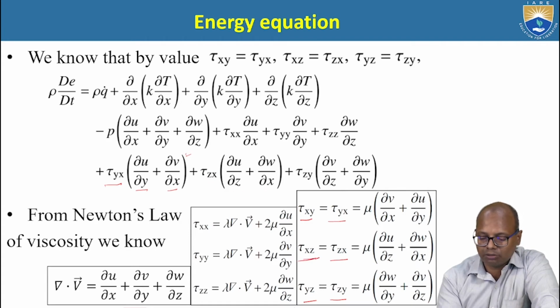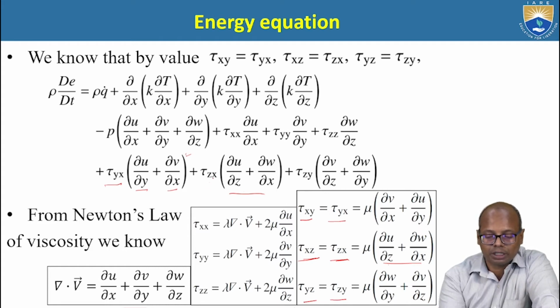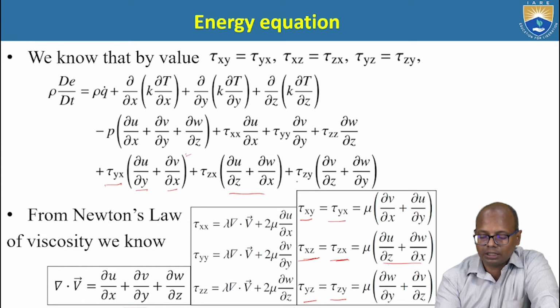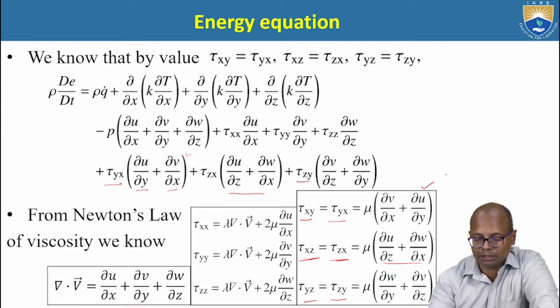You can see here tau xz is equal to this term, same term, dou u by dou z, dou w by dou x. So I can replace it with tau xz square. Either I can use this or I can use this. So I can put a square here and remove this term from this equation.